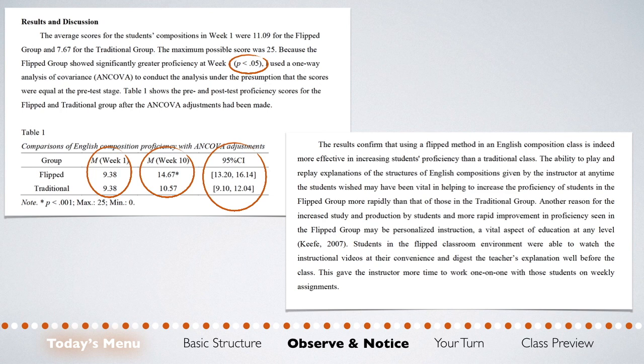That is, the lower score for the flipped group, 13.20, is higher than the higher score for the traditional group, 12.04. So this makes my argument that flipped learning is better even stronger.